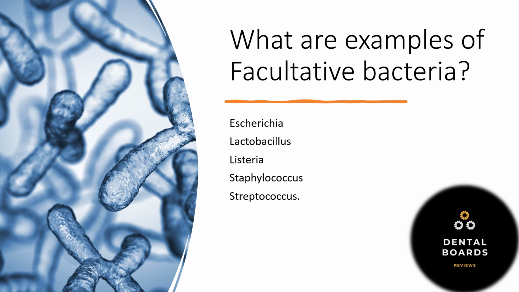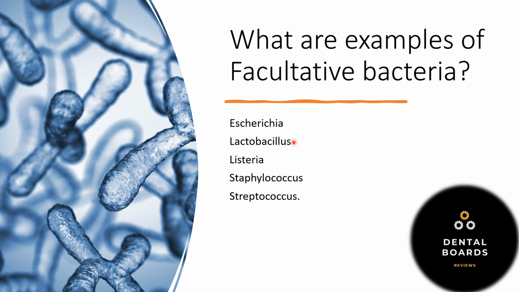What are examples of facultative bacteria? We have E. coli, Escherichia species. You have Lactobacillus, which are most of the bacteria found in probiotics. If you take probiotics, you're going to find a lot of Lactobacillus species that are very good for our health. But you have to know that these are facultative bacteria, or facultative anaerobes.